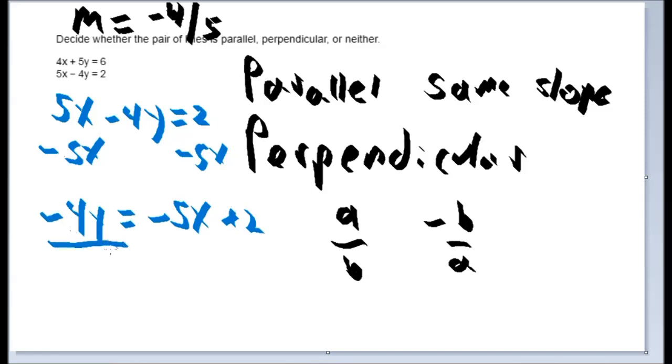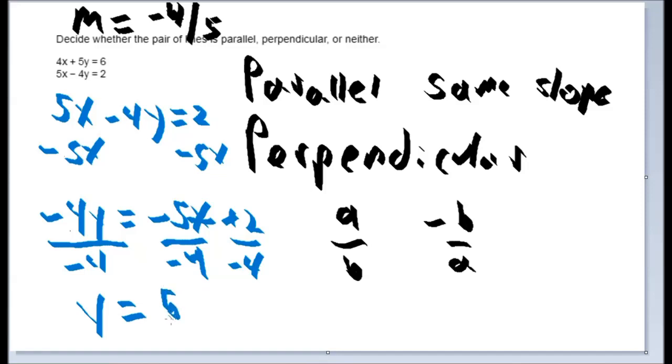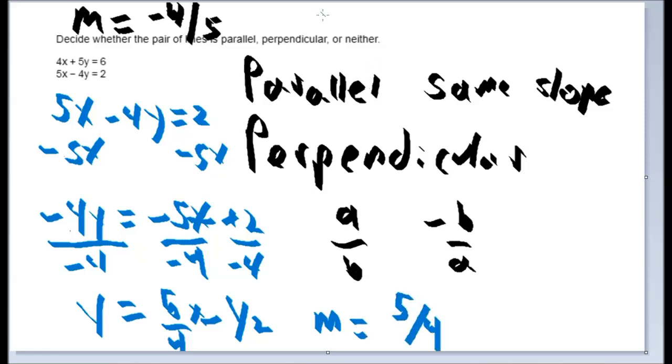Then divide everything by minus 4, and we get y is equal to positive 5 over 4 x, minus 1 half. More importantly, m for the second equation is equal to positive 5 divided by 4.